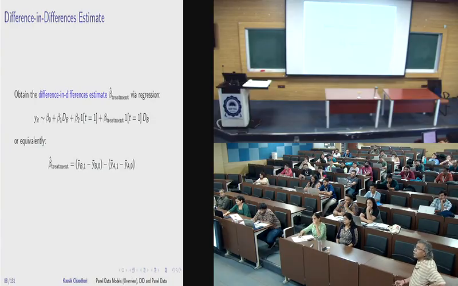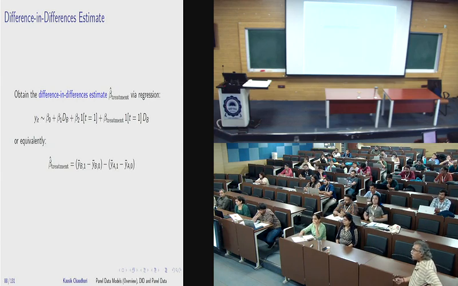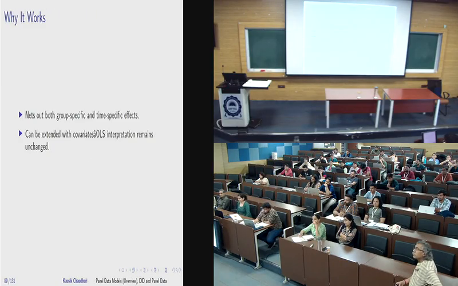So this is how I obtain the difference-in-differences estimate, beta hat, by running this regression. I calculate the differences in the mean of the treated with the control, before and after, and I call that beta hat treatment. Okay. So note, how does it work?